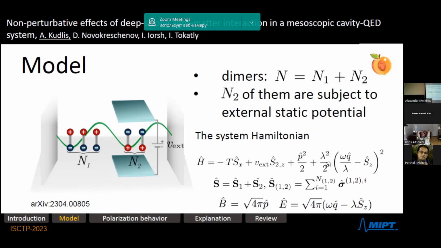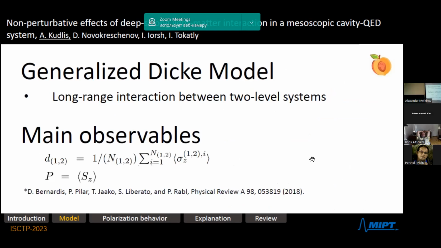So this model can be recognized as some kind of generalization of the Dicke model, and it is already well known that for the generalized Dicke model, the long-range interaction between two-level systems is realized via the cavity mode, and we've observed it.